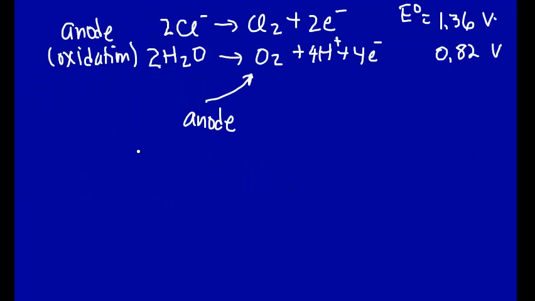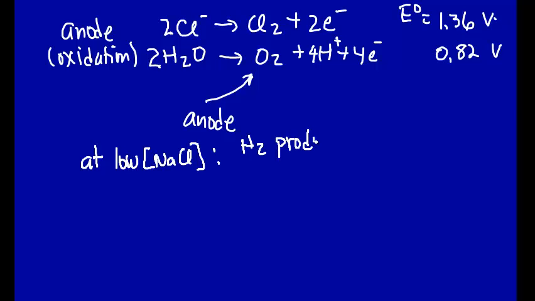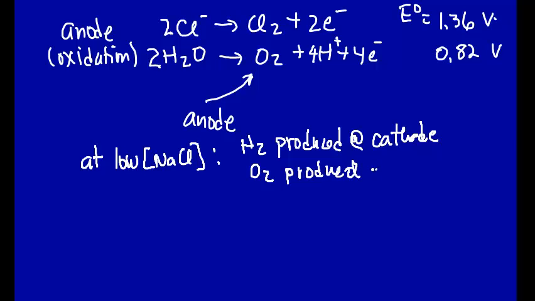And if you do this experiment at a low concentration of sodium chloride, indeed what you find is that H2 is produced at the cathode, and O2 is produced at the anode. All right, so far so good.